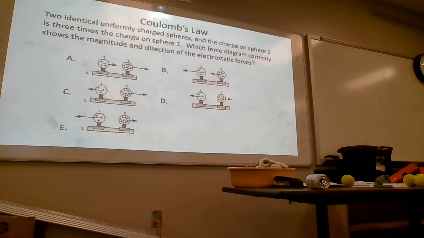Newton's third law still is a thing, will always be a thing. D, dangerous dinosaurs, is the correct answer. They have the equal amount of force.